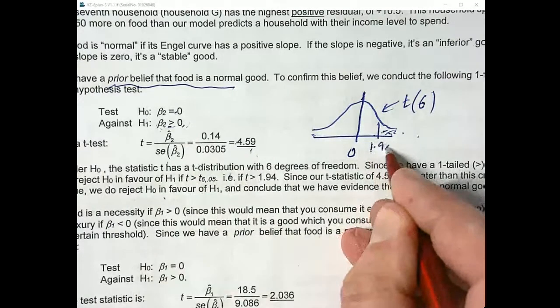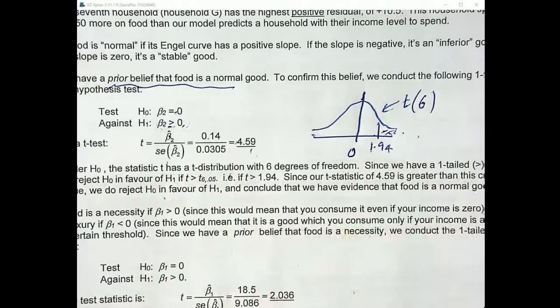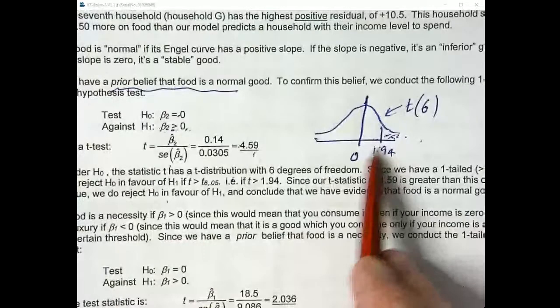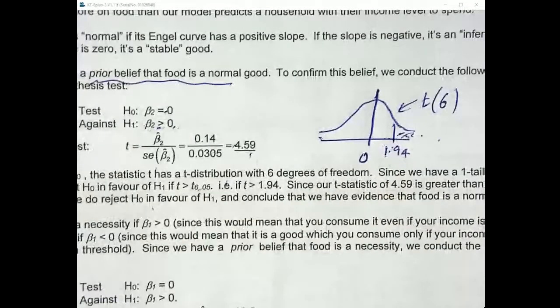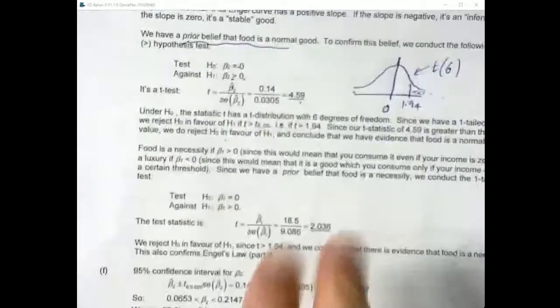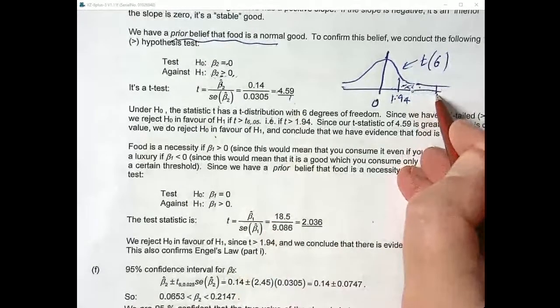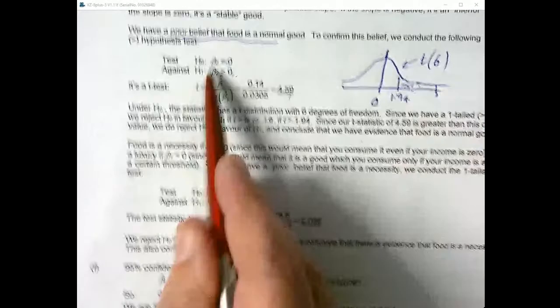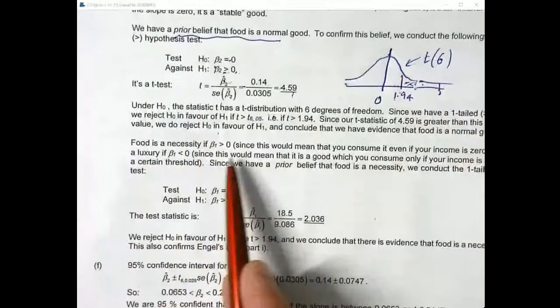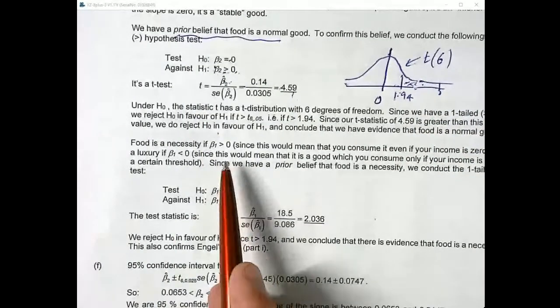The upper tail starts there, and we get this number from tables. Our t-statistic is 4.59, all the way over here, so it is in the upper tail. So we reject the null in favor of the alternative, and we say we have evidence that food is a normal good.